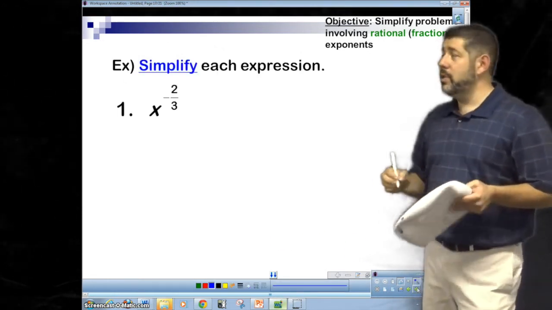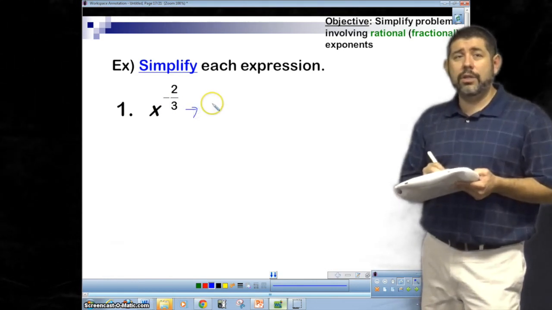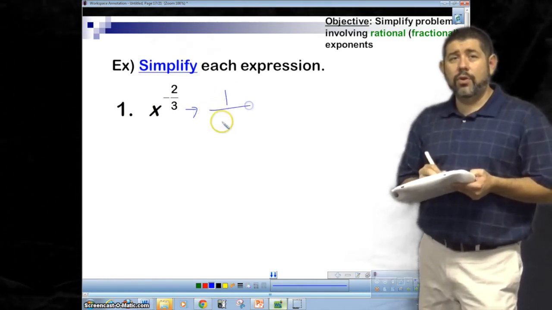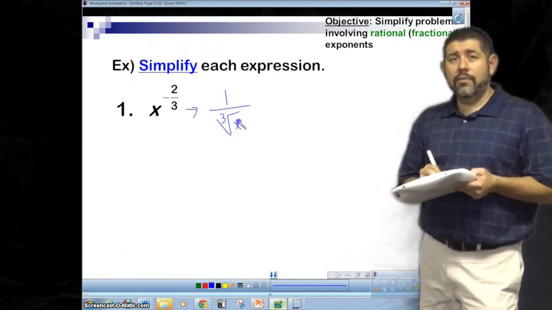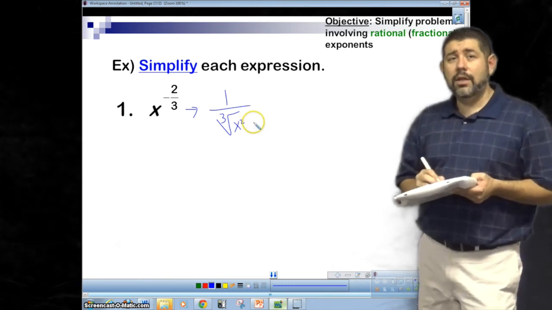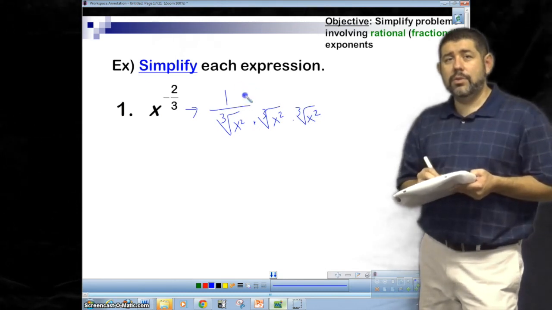And then this one here, it says simplify. So if we're going to simplify, all we're going to do is turn this into its cube root, okay? So that's 1 over the cube root of x squared. Now don't forget that we can't have a root in the denominator, right? So we're going to do the cube root of x squared times the cube root of x squared, and we're going to do it in both the top and the bottom.